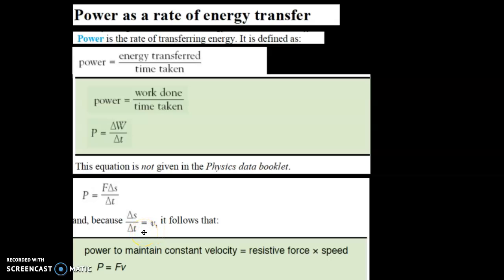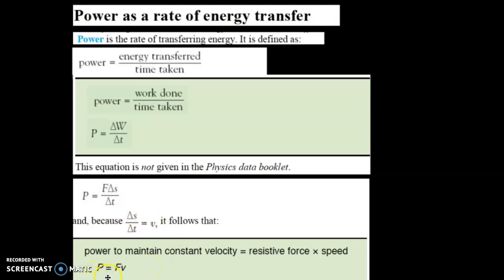Remember, this idea of velocity equals distance over time only works if you have zero acceleration, right? So once we substitute this in, delta S over delta T for v, we're left with this expression, which is power equals the resistive force, the force acting, times velocity, okay? It's probably best to just apply this equation. It's a bit of a loose end as a derivation, so we'll come back to it later.